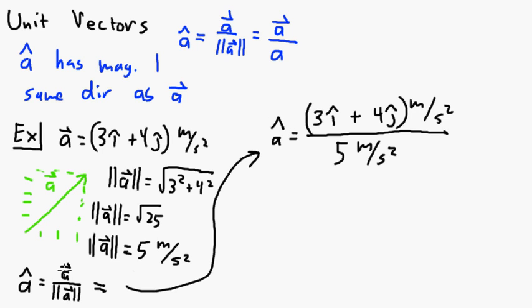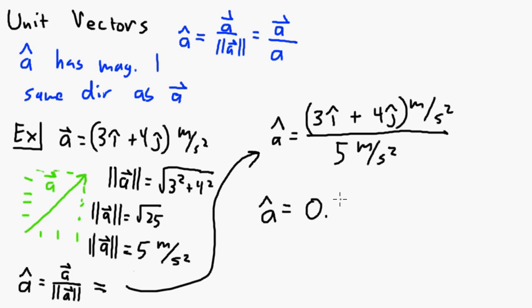A hat is this A vector divided by the magnitude. So we just divide through, and because the units are on top and bottom, they cancel out. So it's again important to know that unit vectors have no units. Somewhat ironically, they're called unit vectors, they have no units, but they're called unit vectors because they are 1 unit long. The unit is 1.